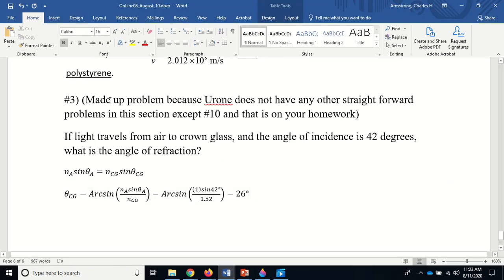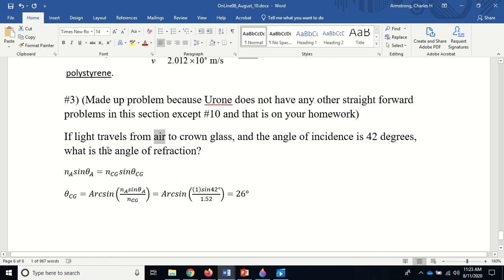All right, so if light travels from air to crown glass, we already looked that up, that's 1.52 index of refraction. The angle of incidence is 42 degrees. What is the angle of refraction? Well, we set it up: there's air going from air to crown glass, so there's n_A sine theta_A, then I have CG for crown glass.